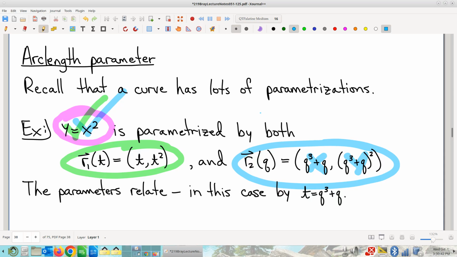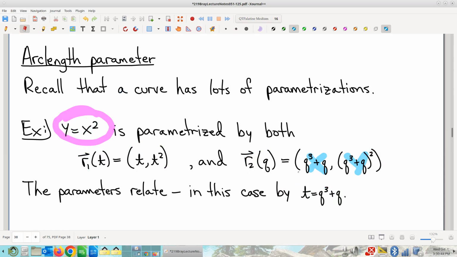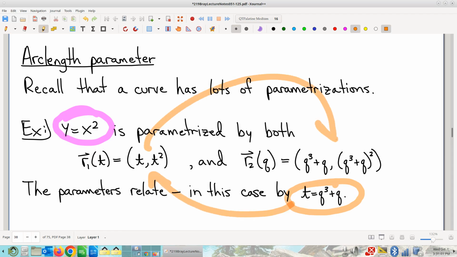So, all right. Well, here's a different take on that. We can view this as two independent parameterizations, or we can view this as a relationship between two parameters, T and Q, and just plug that into there and see what you get.